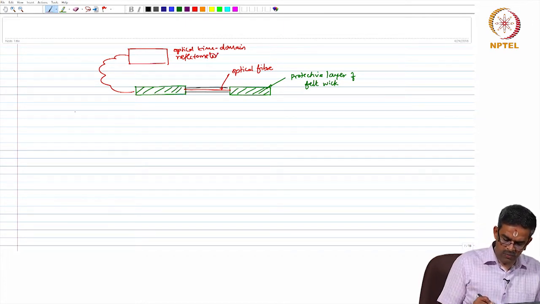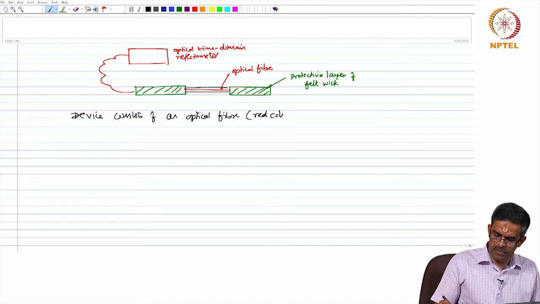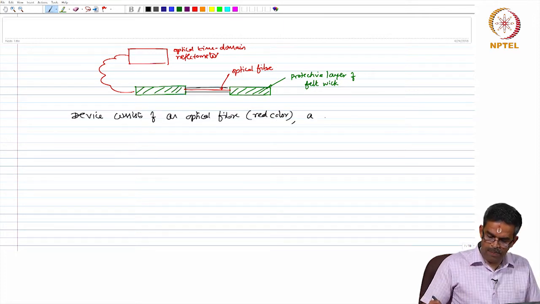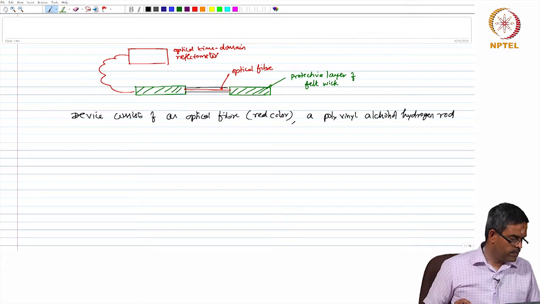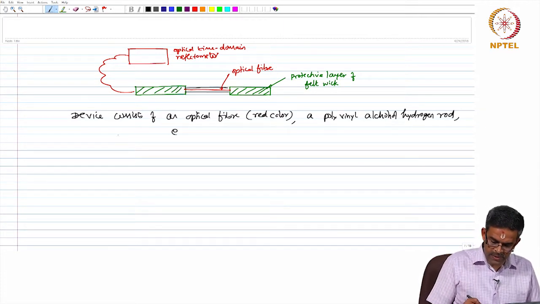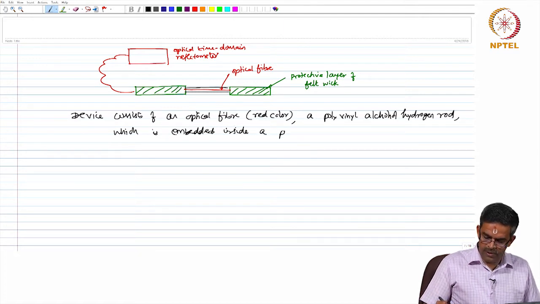The device consists of an optical fiber, as you see marked in red color, a polyvinyl alcohol hydrogel rod, which is embedded inside a protective felt.